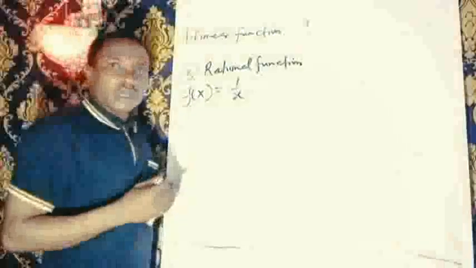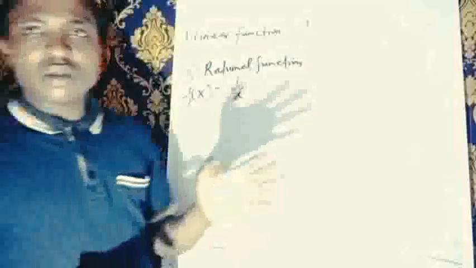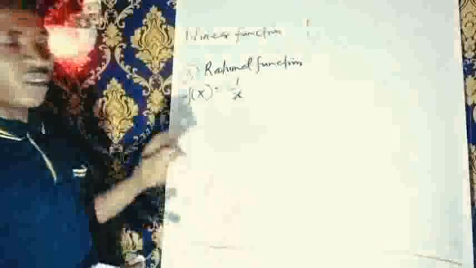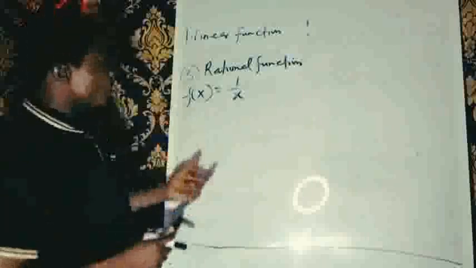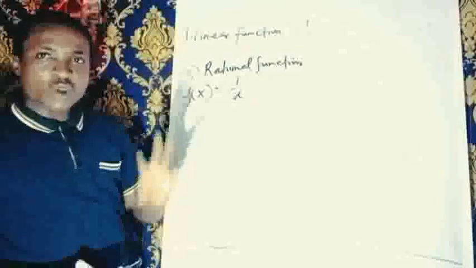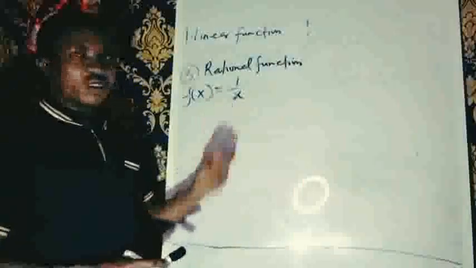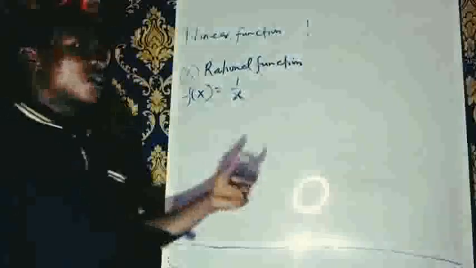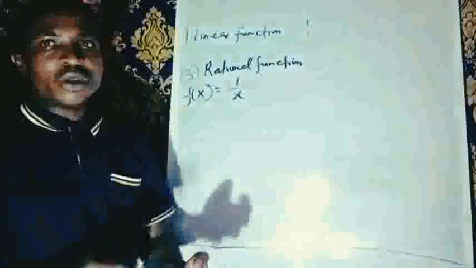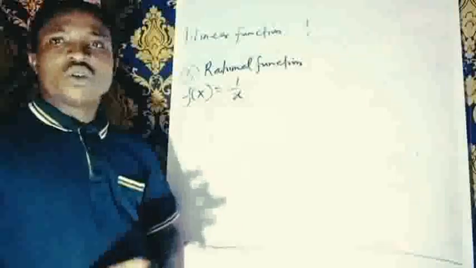Okay, and for this function, the restriction or the rule in finding the domain of a rational function is very simple. We all know that if we divide any number by 0, that function will be undefined. If we replace this x with 0, we have 1 over 0, and we are going to get math error in the calculator, and that means the function is undefined.